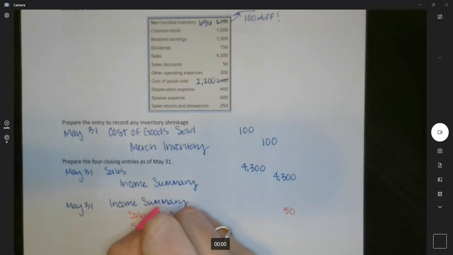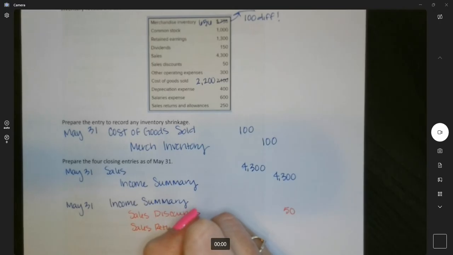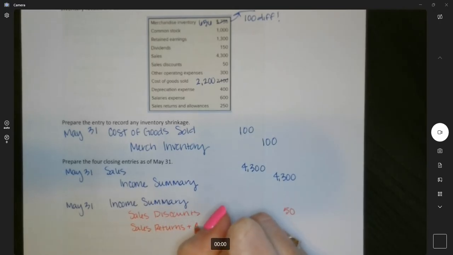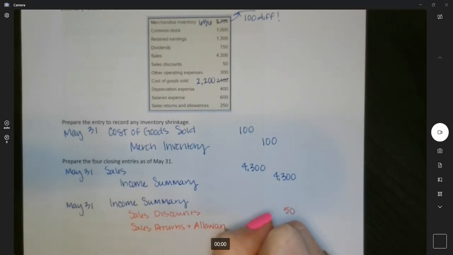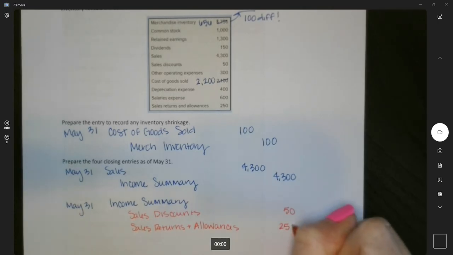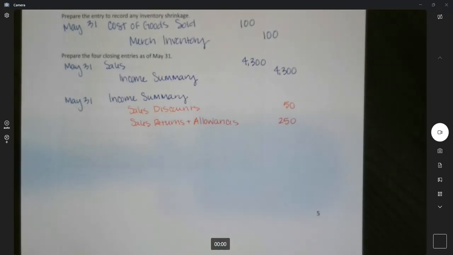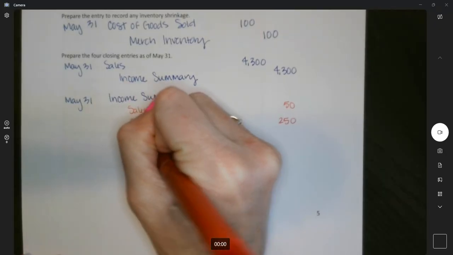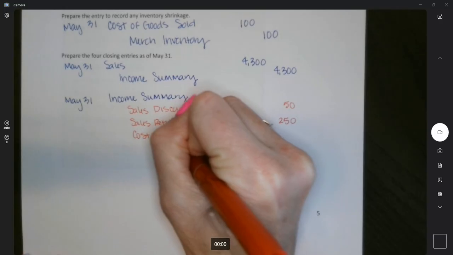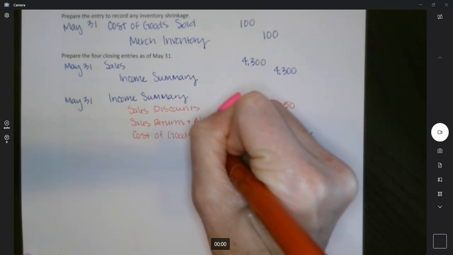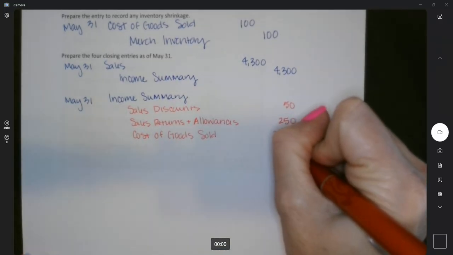Sales returns and allowances is being credited $250. Cost of goods sold is being credited now $2,200.